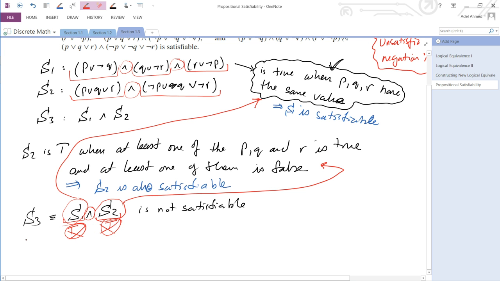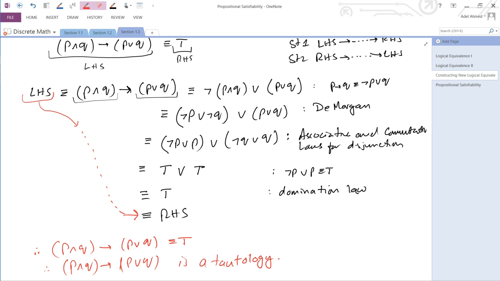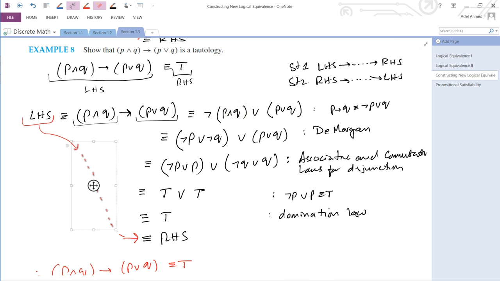So there you go. We started with logical equivalence. We constructed a bag of logical equivalences in this video tutorial, and then we saw how we can use that bag of tools or formulas to construct new logical equivalences by proving the equivalences of two or more logical expressions.